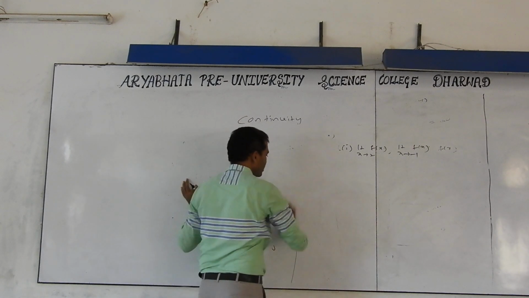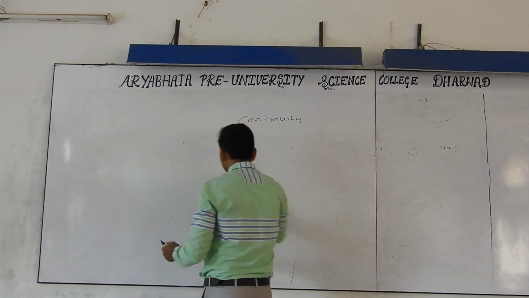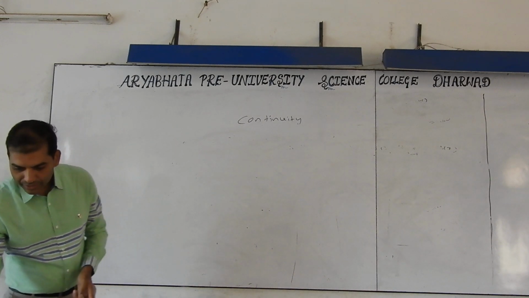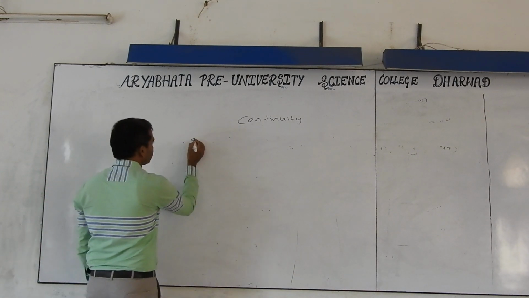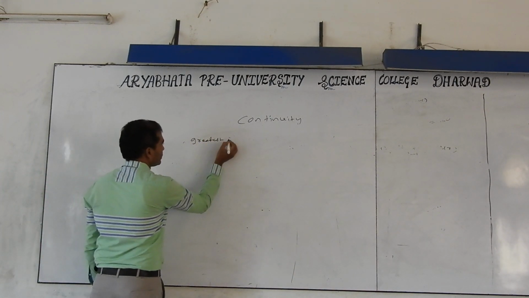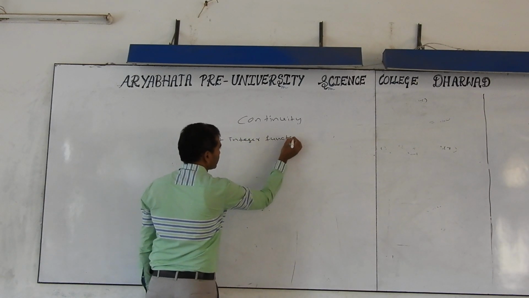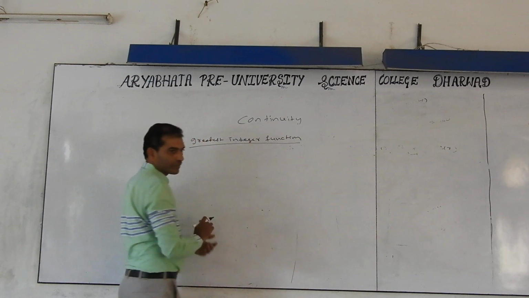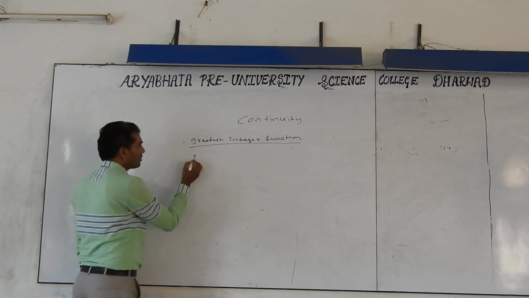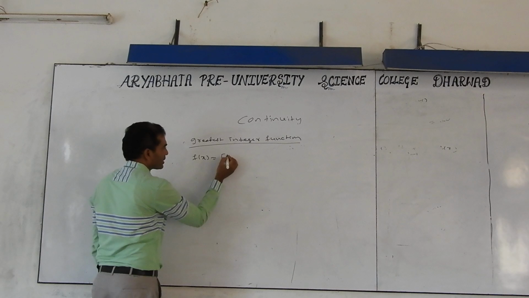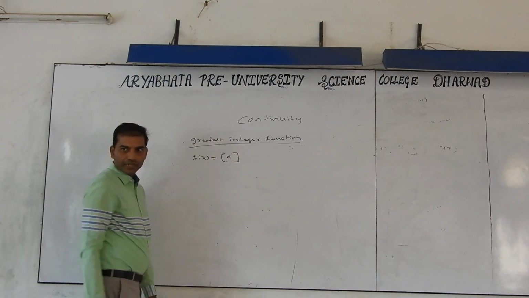Next, the greatest integer function. I think everybody knows this most important function, the greatest integer function. It is denoted like this: f of x is equal to step x. Step x.